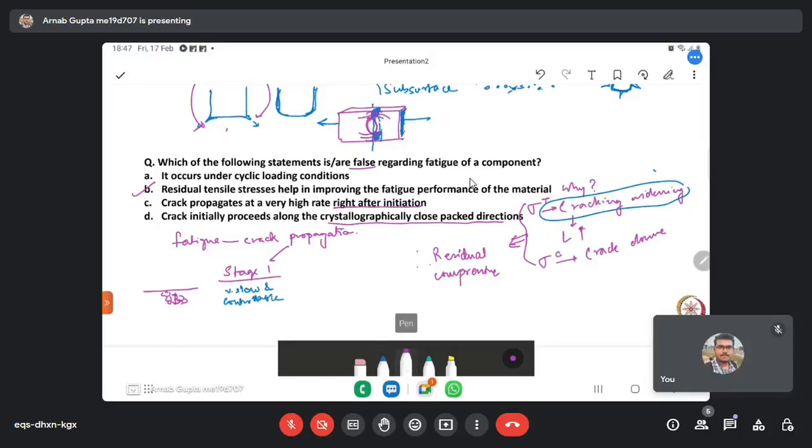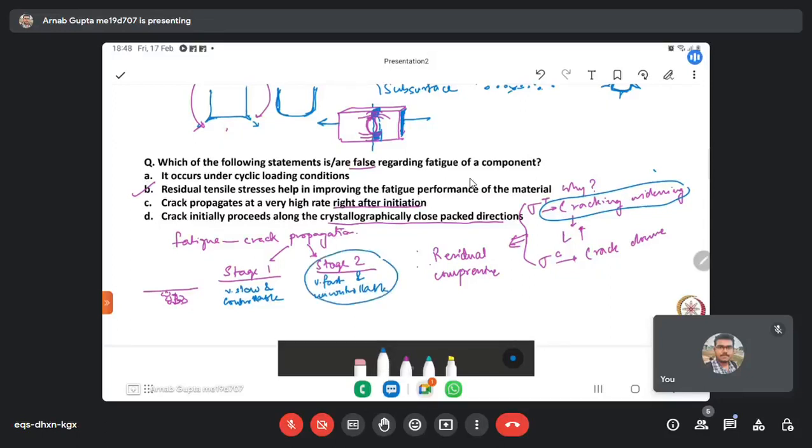But beyond a critical value, or beyond the critical crack length, you can say, the crack begins to propagate at an uncontrollable and very high rate, very fast rate. So right after initiation, you won't see stage two.